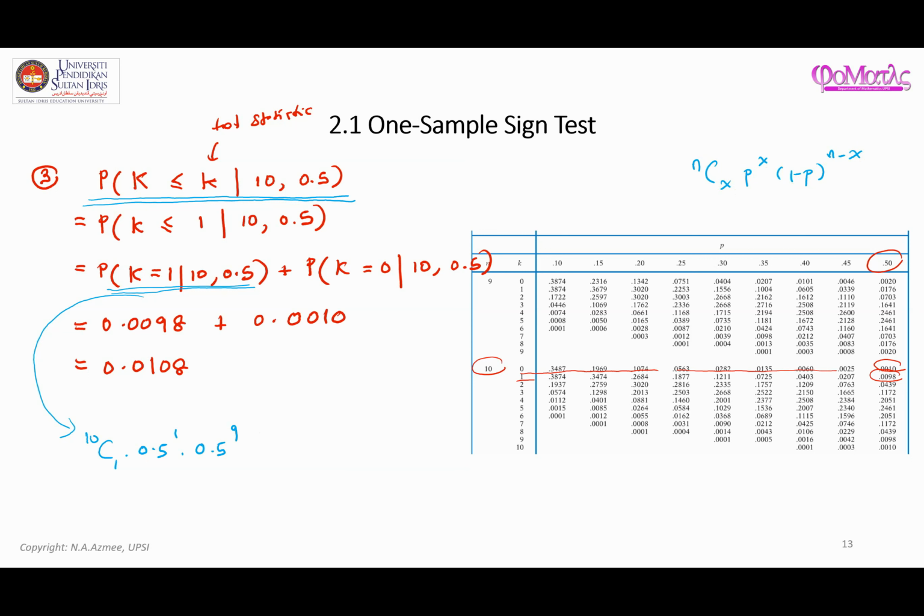So you actually don't need the table for binomial probability, because you don't need massive calculation to obtain it. There are just two probabilities that you need to find, and that can easily be done by considering this process.